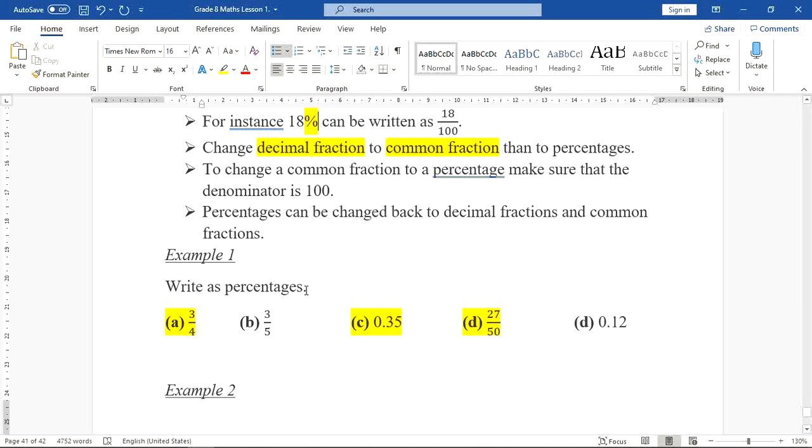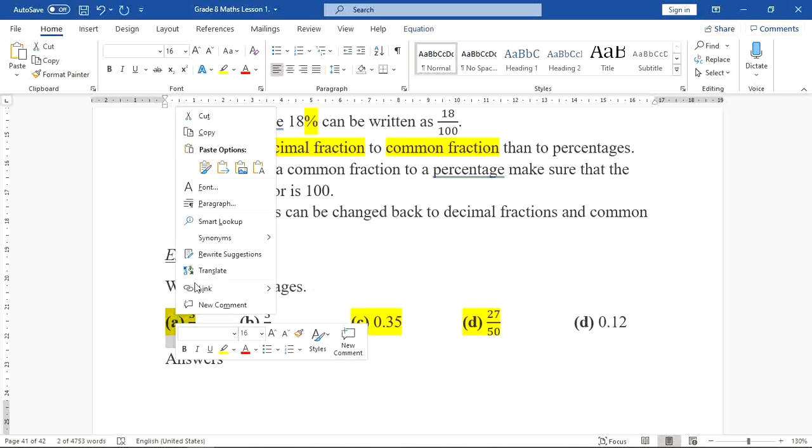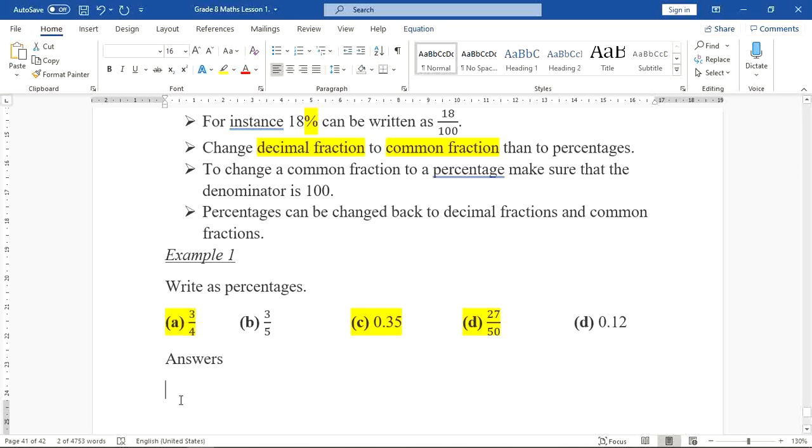We need to make sure that this 4 must become 100. So how do we get that? We want to write 3 over 4 as a percentage.